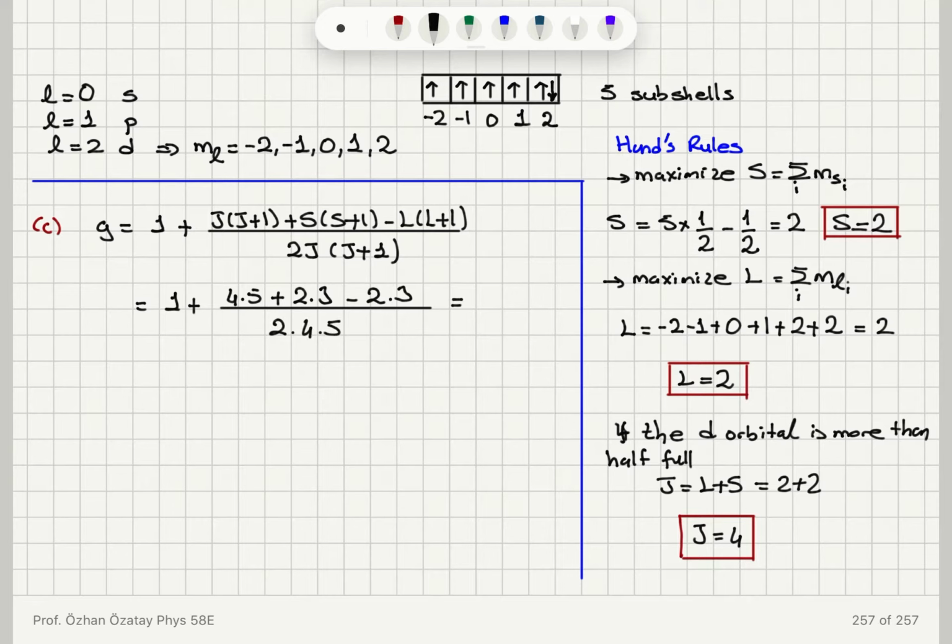Because these two will cancel, this is 20 divided by 40, 1 plus 1 over 2. So we will find that the Landé g factor is 1.5.